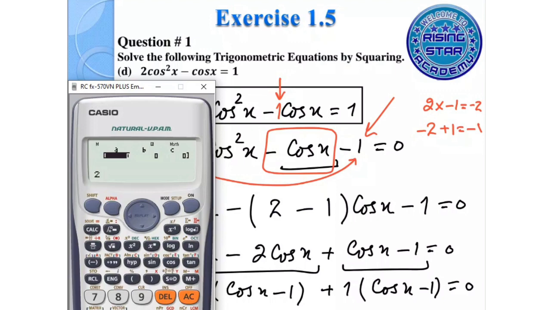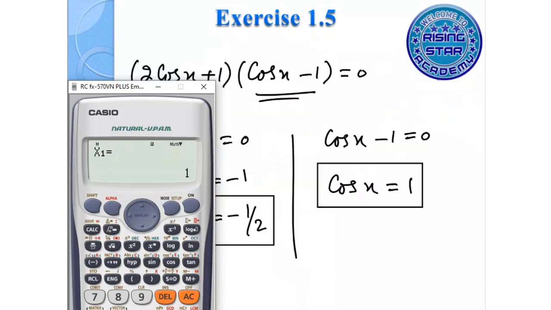So 2, then press equal, then minus 1 equal, then again minus 1 equal, and then enter. Again put the equal, and you can see that our answer is 1. We have the answer cos x is equal to 1, and again equal sign, you can see our other answer is negative half. So we can also write it directly from the calculator.